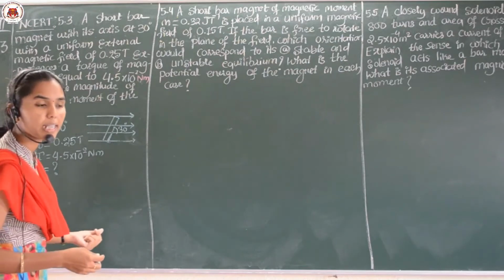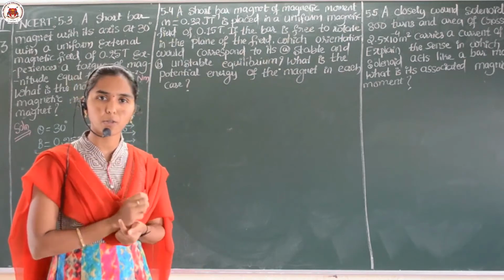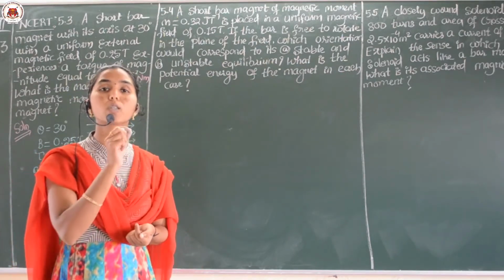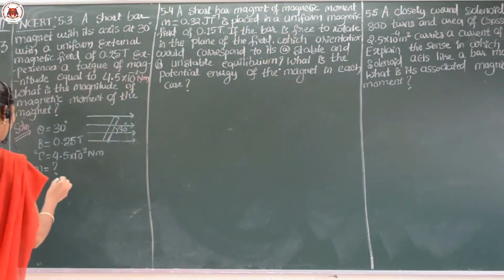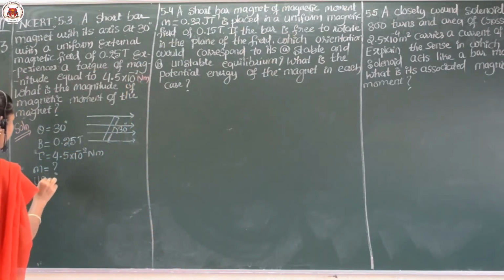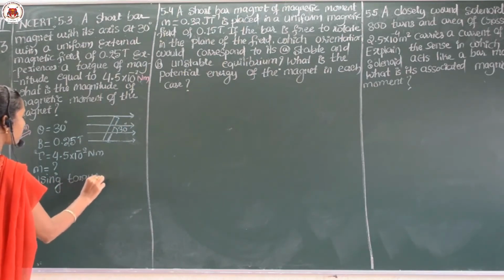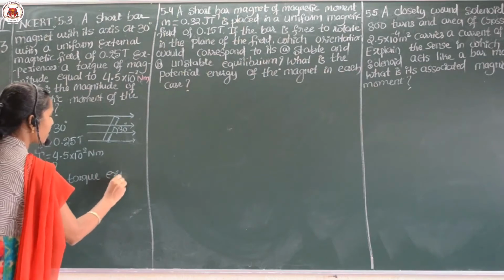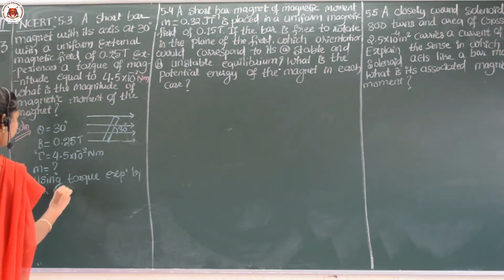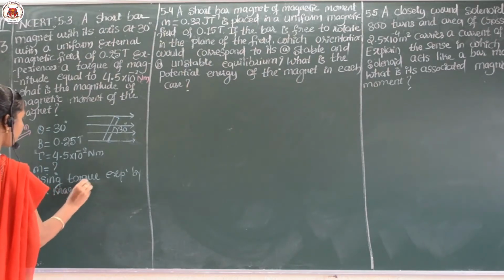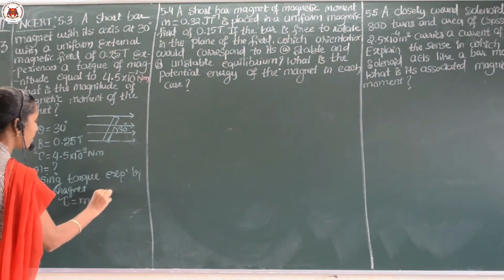The formula for the torque experienced by a bar magnet kept in a uniform magnetic field is tau equal to mB sin theta.